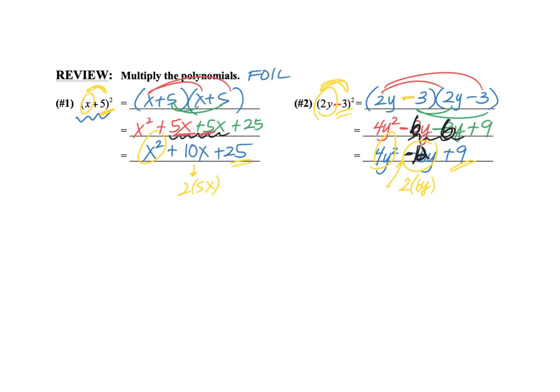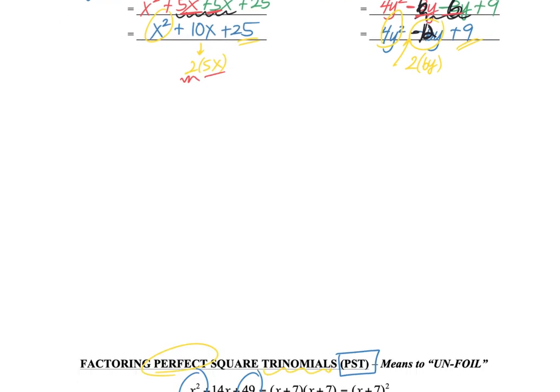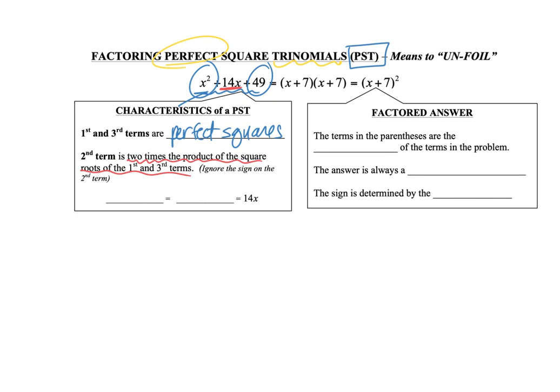Double the 5x, double the 6y. That's the same as me saying 2 times that middle term. So it's like taking 2 times the square root of the first term and the square root of the last term, which is 2 times x times 7 in this case. And if that works, it's like a check. Does it fit the pattern? If it does, then I know my answer automatically.